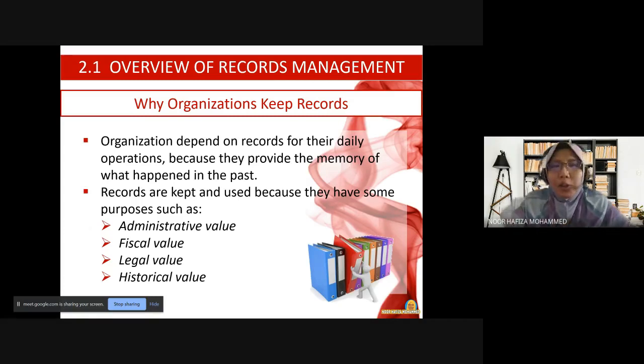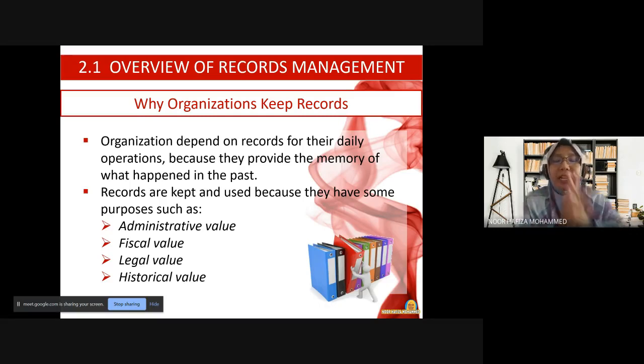Now we are going to continue on why organizations keep records. Organizations depend on records for their daily operations because they provide the memory of what happened in the past. Okay. So in order for you to keep operating, you need to have the records, whether they are past records, future records or current records.